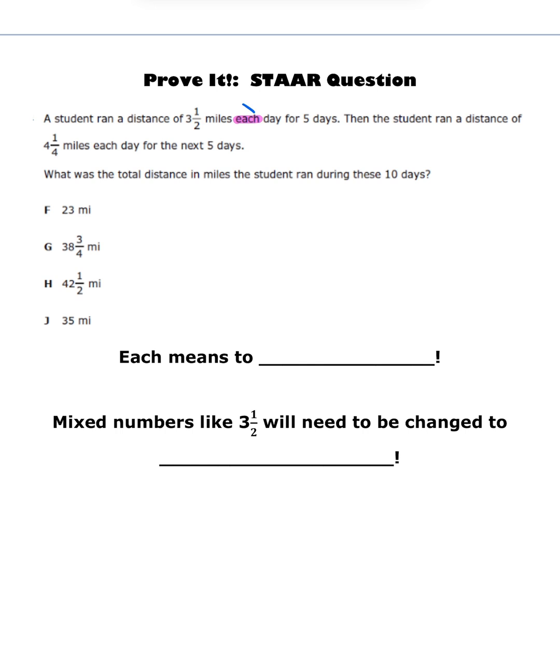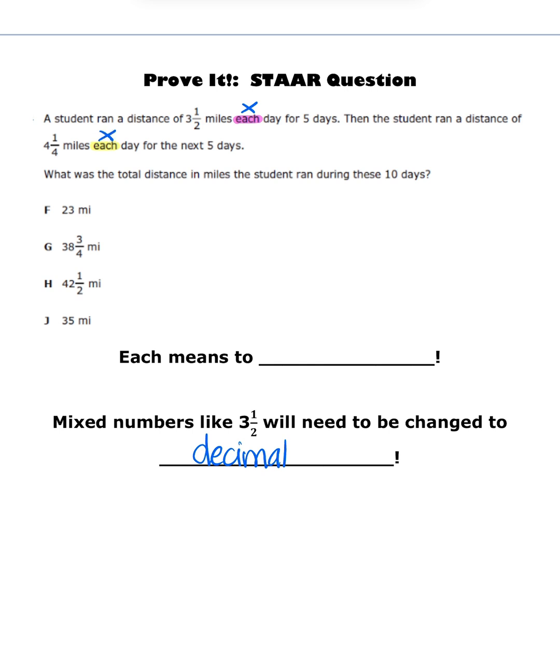And so we know we're going to take and turn our fraction into a decimal. Okay, so mixed numbers like 3.5 will need to change into a decimal. And then it says, then the next day, again, there's our keyword each. And on this one, it still means multiply.